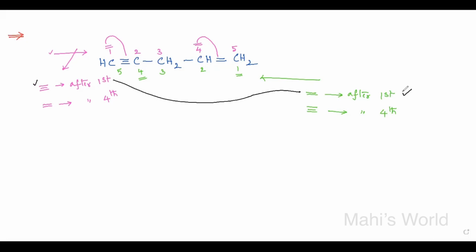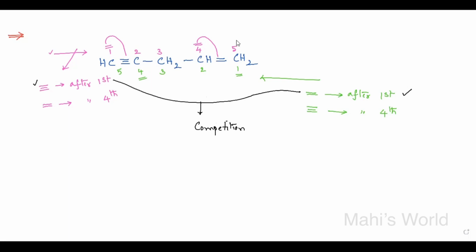Both are at the first position, but from the two different ends of the carbon chain. In such a case, they have competition. When they occupy the same position, this is what competition is. Competition between double and triple.